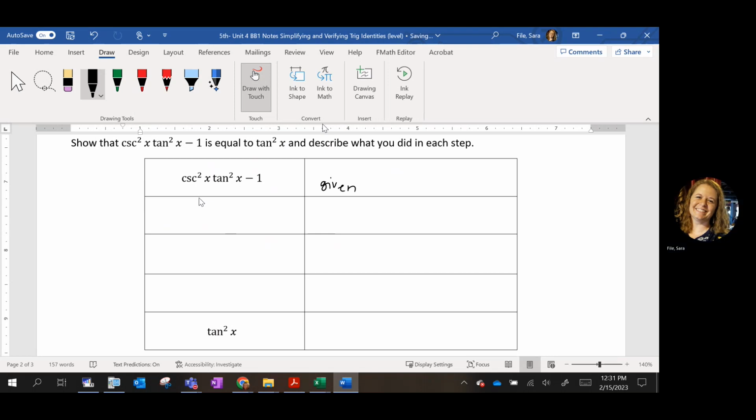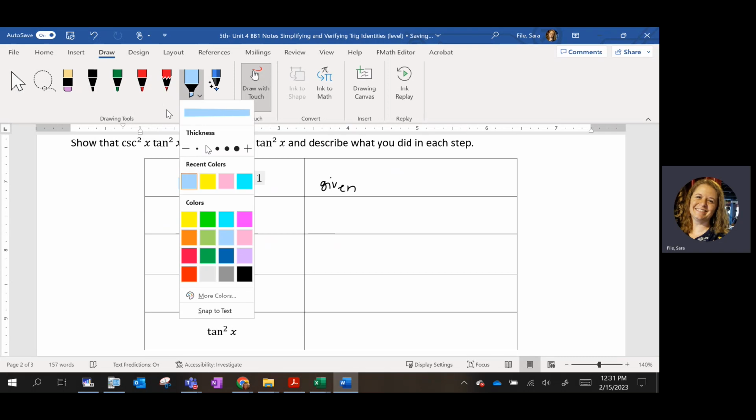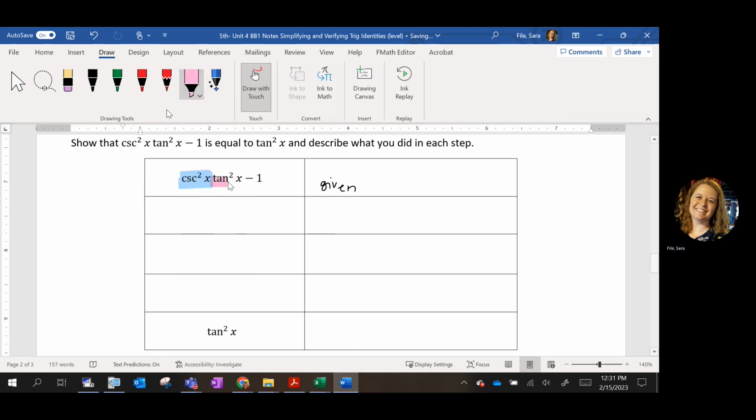I don't see much, like there's not an algebra step I could do to simplify this. So I'm going to start by using my reciprocal and quotient identities here to change everything to terms of sine and cosine. So what is the reciprocal of cosecant? 1 over sine.